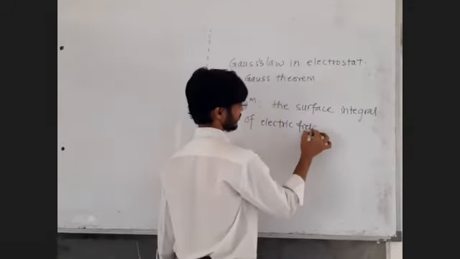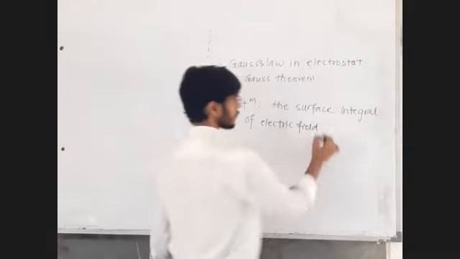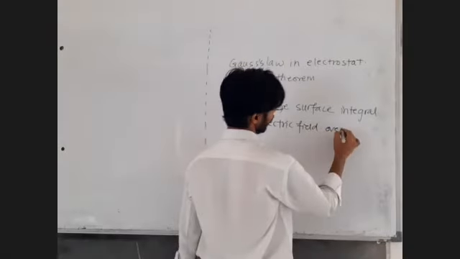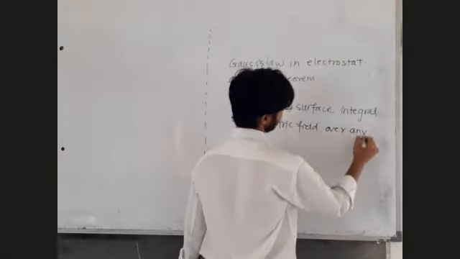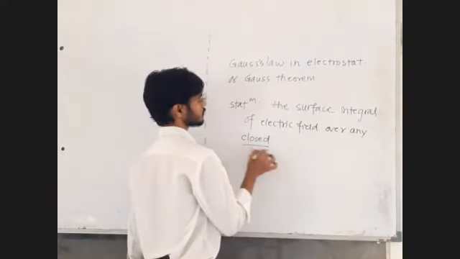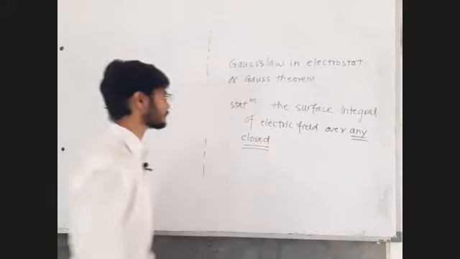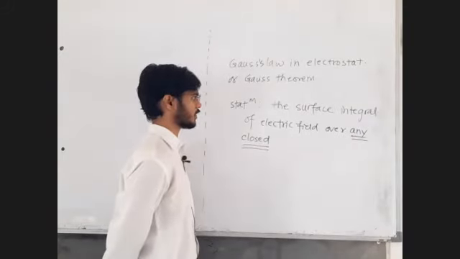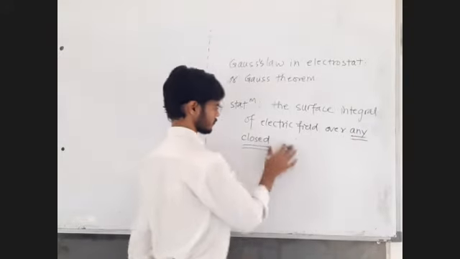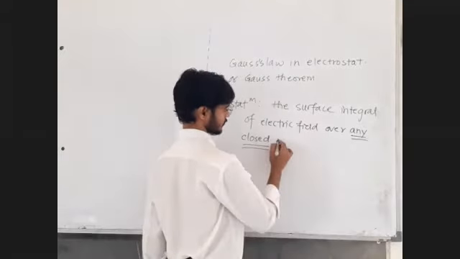Electric field means electric field intensity. The surface integral of electric field over any closed surface, any means any random shape, is to be there.